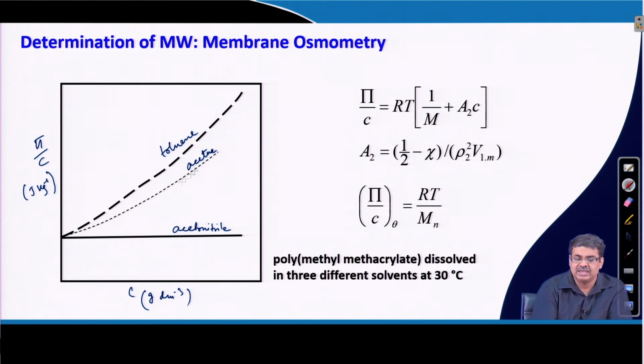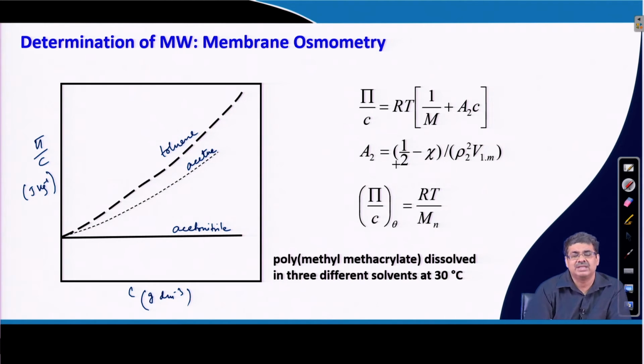And as you can see, the more good the solvent, the higher is the deviation from linearity. Basically, when the solvent is good, the additional terms, the C square terms, also come into the picture, and there is deviation from linearity, and the slope is higher because the chi value becomes less than 0.5 for a good solvent.